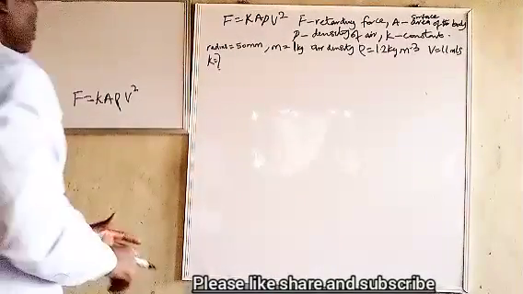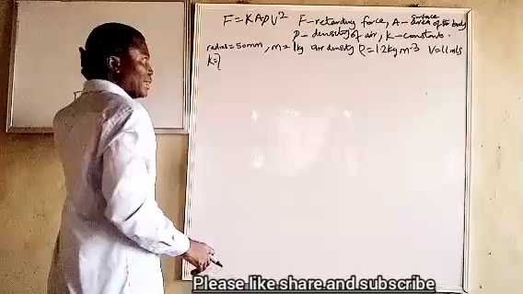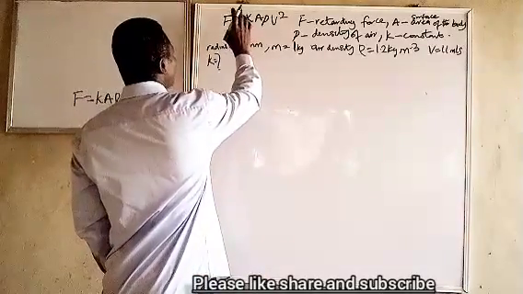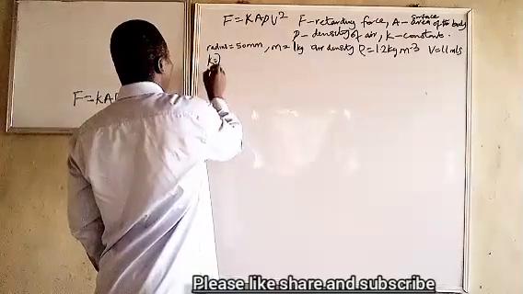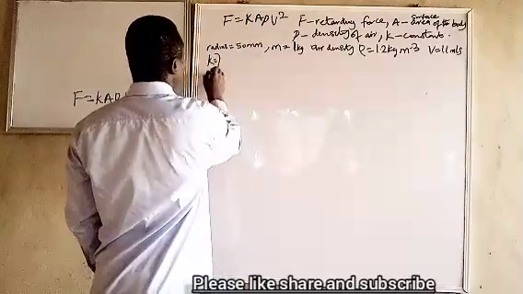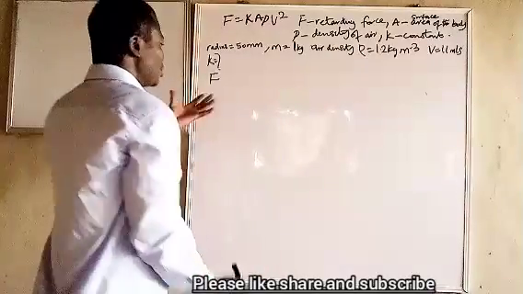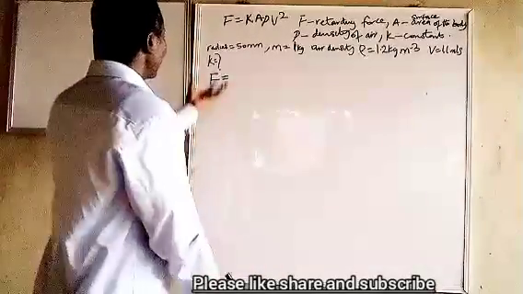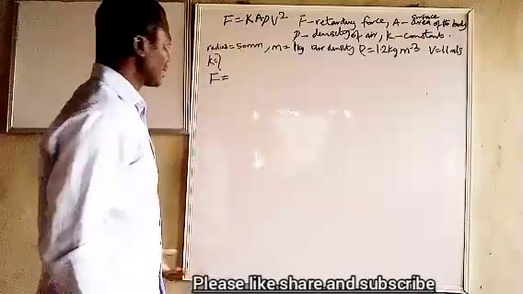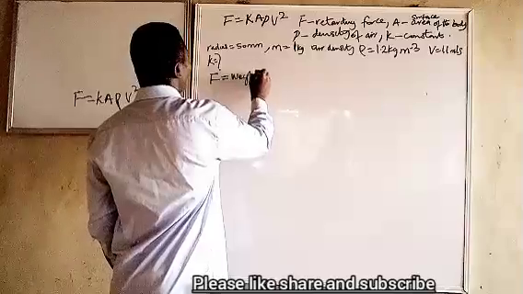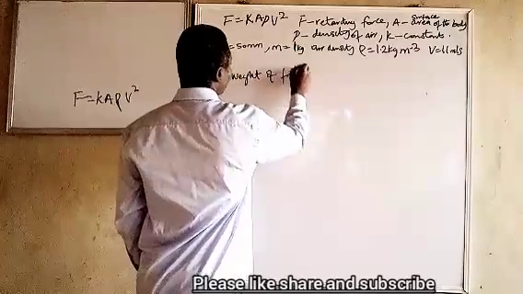Now we are given some values to determine what k is. That is the constant. We are given F, and you know when the velocity is constant, the retarding force equals the weight of the falling body.